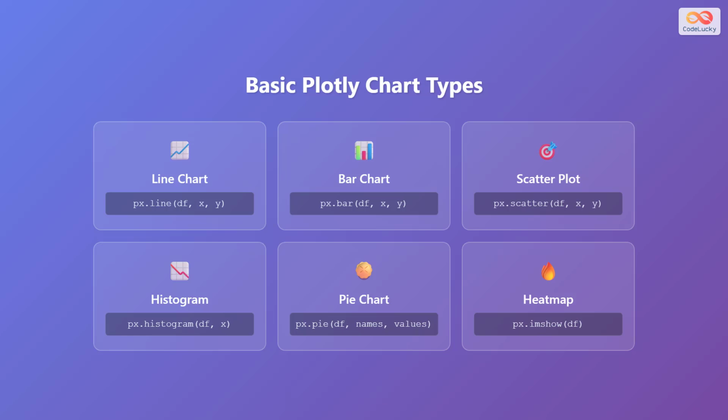For examining data distributions, histograms are created with px.histogram, requiring only the x parameter. Pie charts show proportional data using px.pie with names and values parameters. Finally, heat maps visualize correlation matrices and two-dimensional data using px.imshow. Each of these chart types automatically includes interactive features like hover tooltips and zoom capabilities.